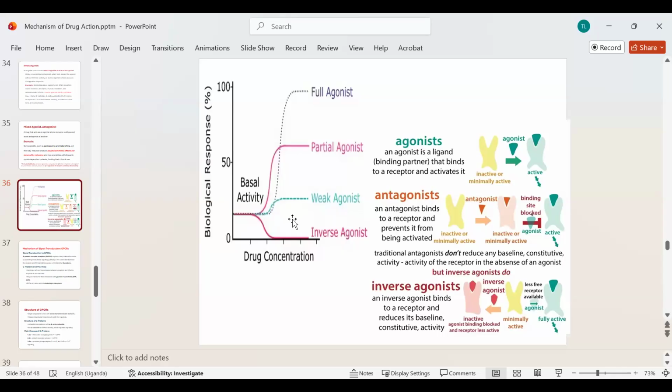I just copied this from the internet. But the full agonist at least is there, the partial agonist, the inverse, and the antagonist. And these images are basically talking about full agonist, antagonist, and an inverse agonist. So let me hope that is clear.